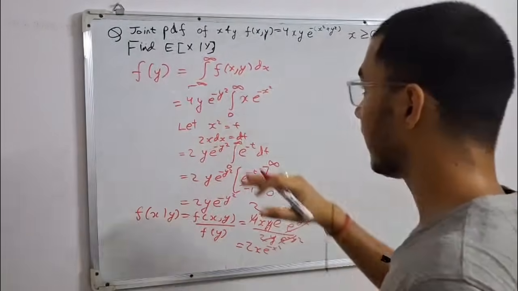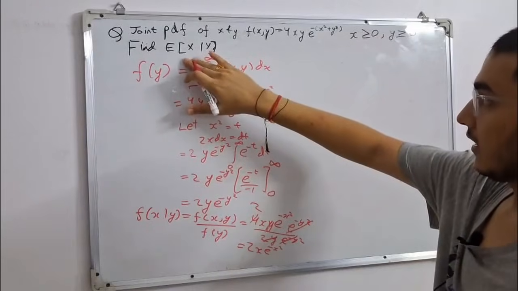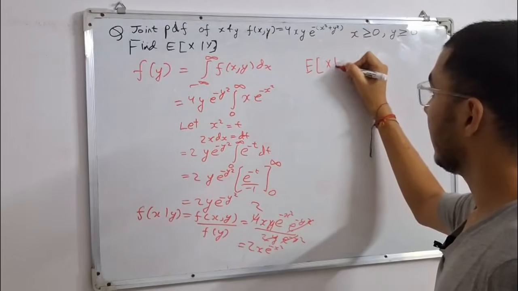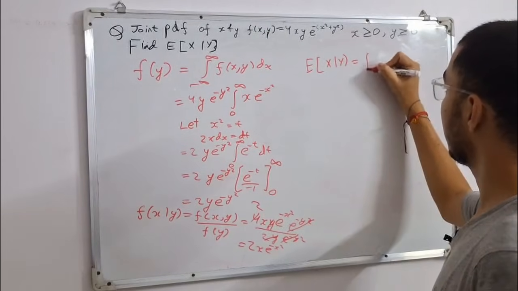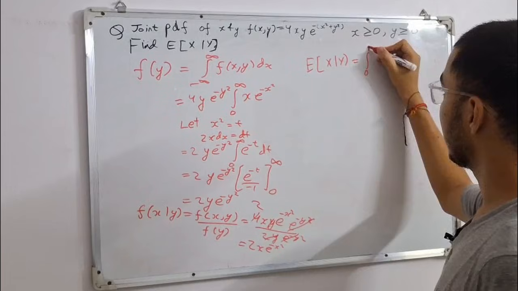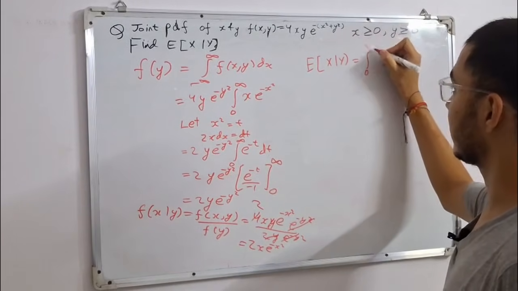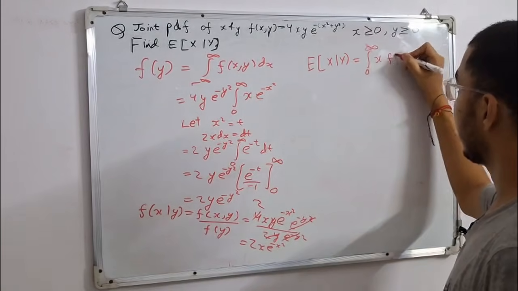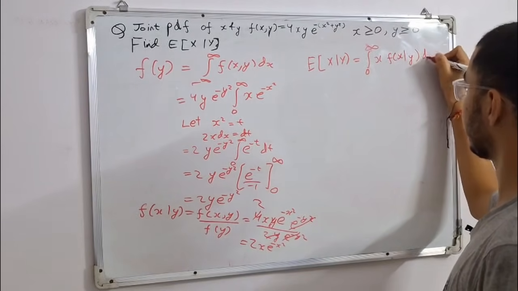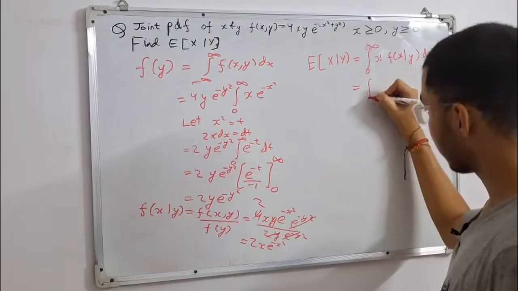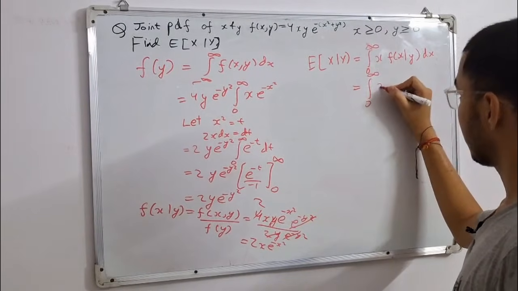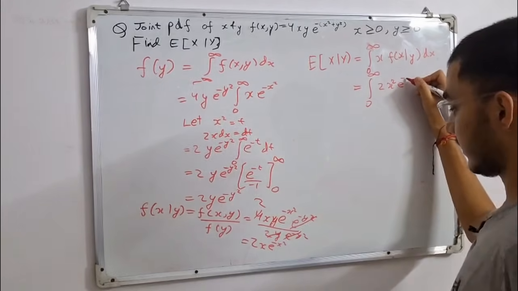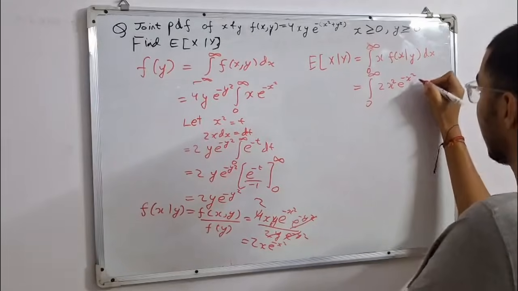And now finally for calculating E[X given Y], we can do it by the formula E[X|Y] equal to the integral 0 to infinity, as it's in the first quadrant, of x f(x given y) dx. So this will become integral 0 to infinity 2x square e to the power minus x square dx.